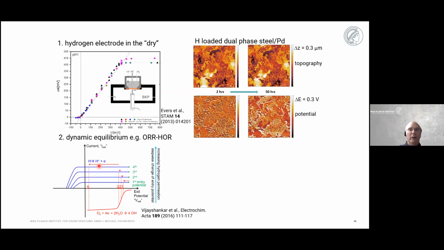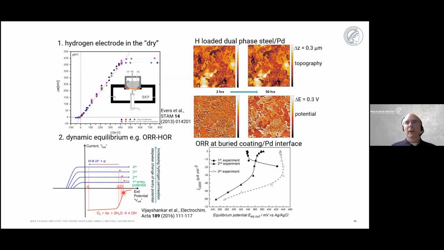If you now measure on the other side the equilibrium potential of oxide reduction and hydrogen oxidation, and if all the hydrogen going through the material is oxidized, and you know how much goes through the material from the amount we charge on the backside, then we can correlate the potentials that we measure here with the current density of hydrogen uptake. And that is the same as the oxide reduction rate at this very potential. That way we can measure even oxygen reduction at buried interfaces.